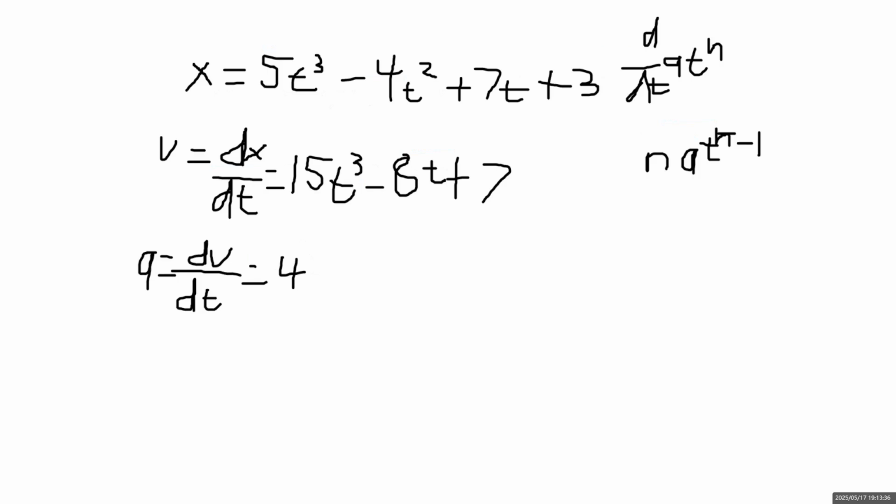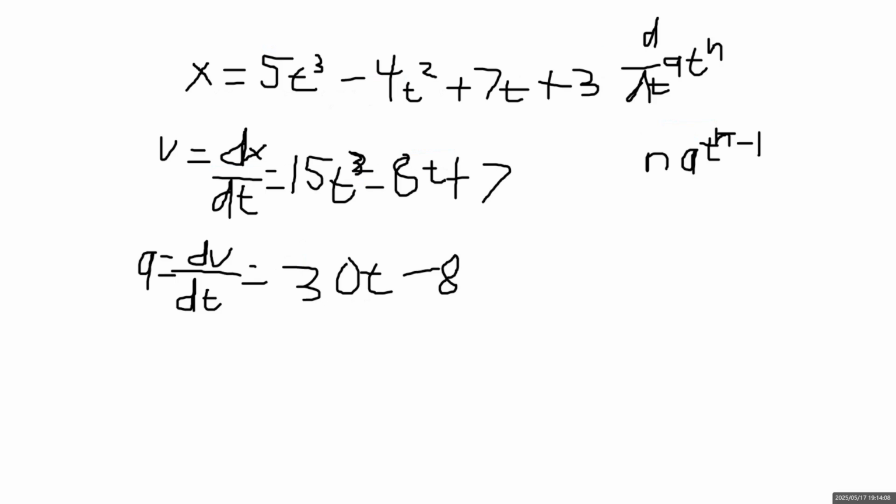We have 45. This is t squared. Made a mistake here. Or sorry, oops, did this wrong. That was t squared, not t cubed. So 2 times 15 is 30. T is 8.